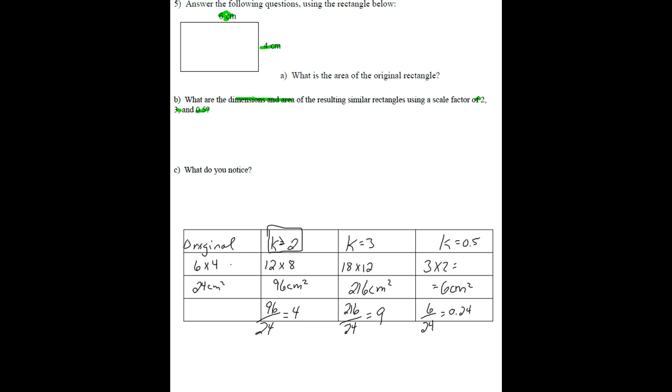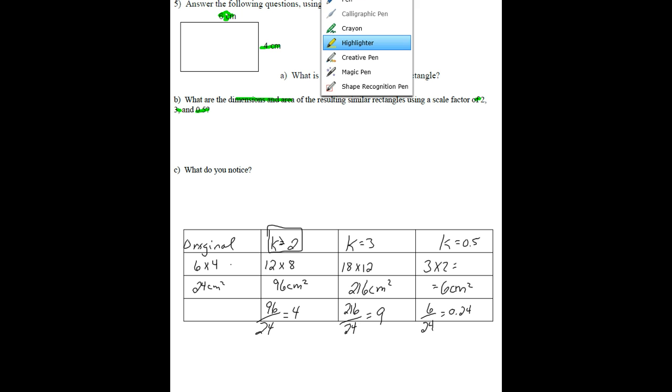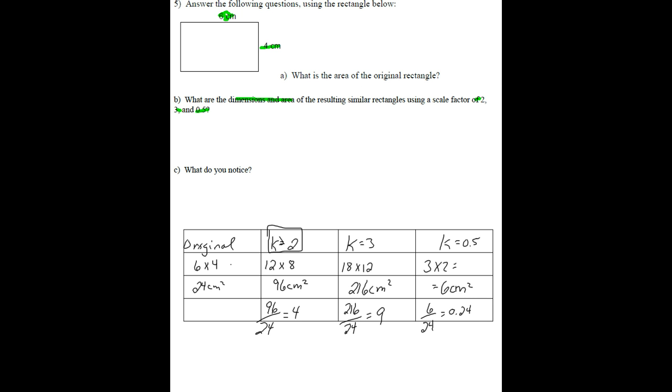Now if we look at each of these, the area when the scale factor was tripled was made 9 times larger, and when it was halved, the area should be a quarter times, so 0.25.